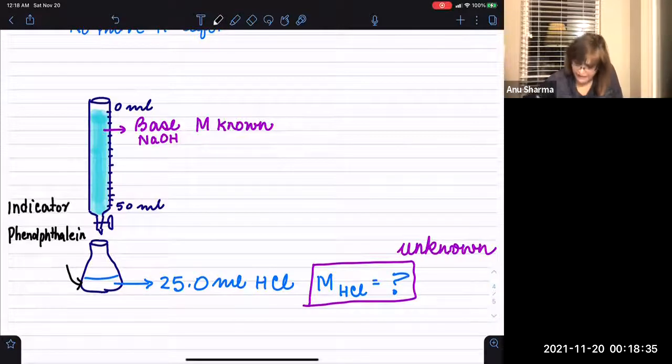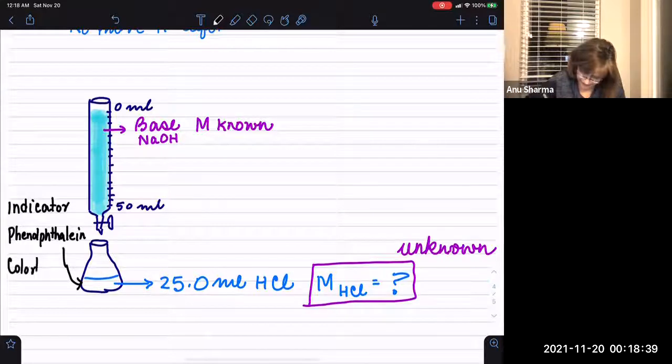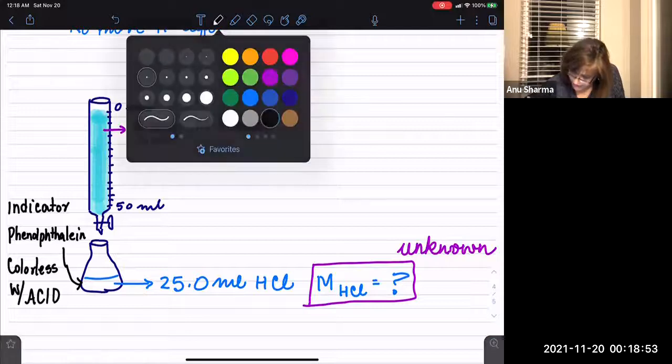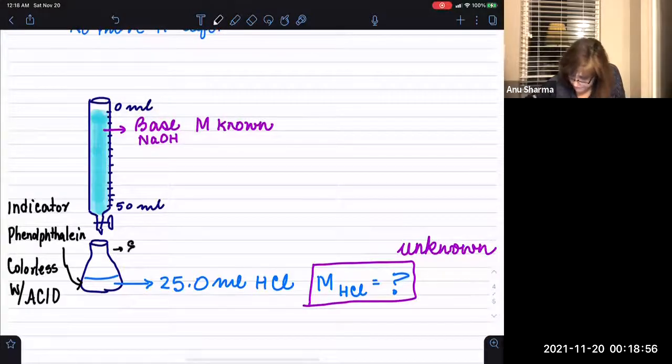This phenolphthalein indicator is colorless with acids. So you've added the phenolphthalein indicator and 25 milliliters of HCl in the Erlenmeyer flask.